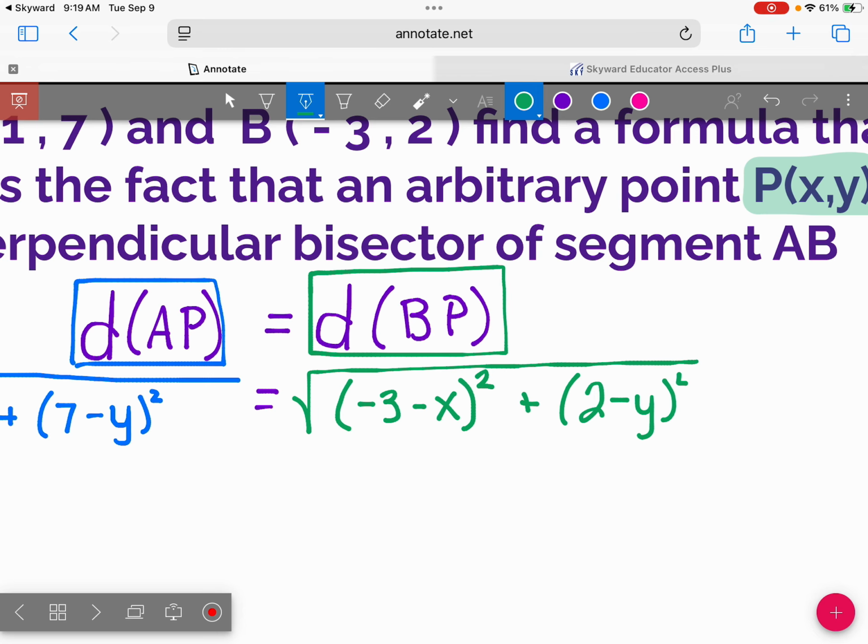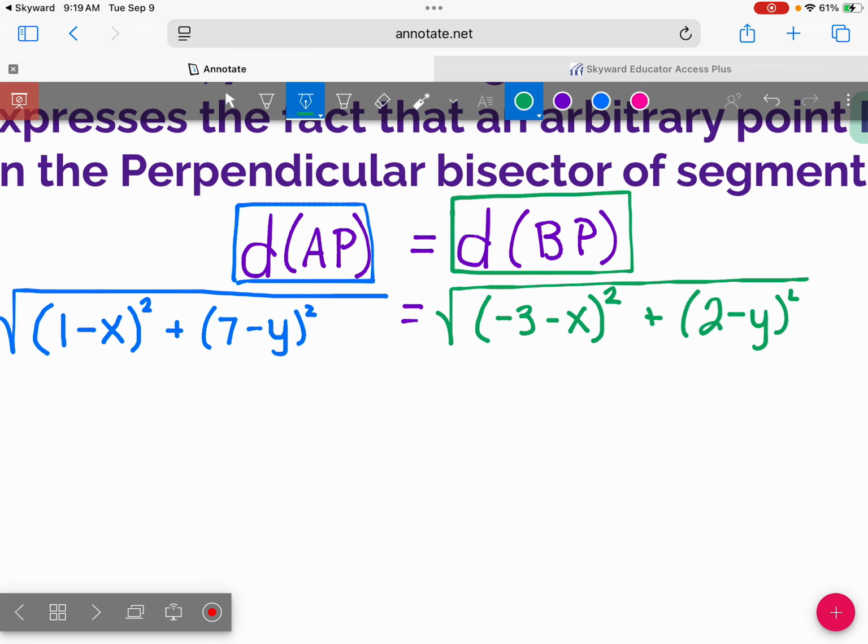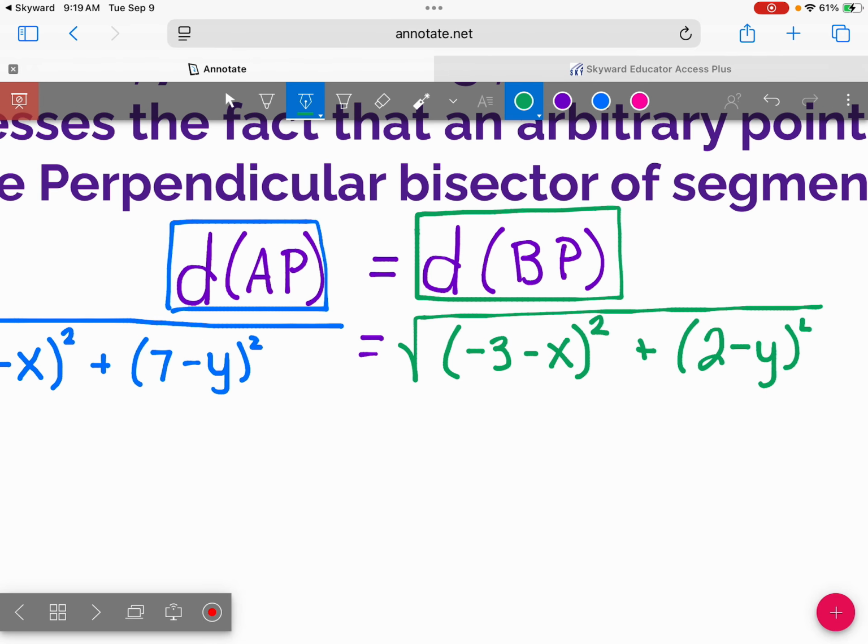Now we're going to try and figure out how to solve this. What can I do to this thing? Square both sides. I've got square roots on both sides, and I don't want to have square roots on both sides.